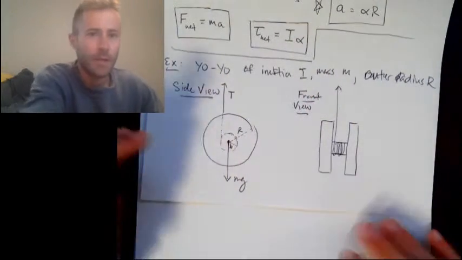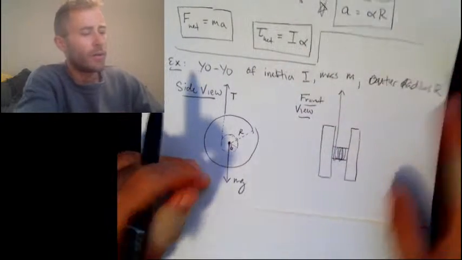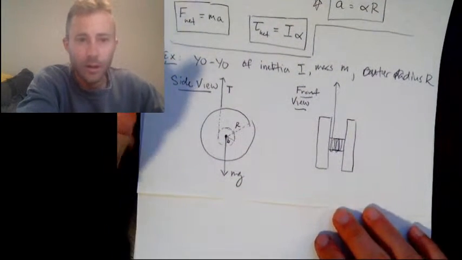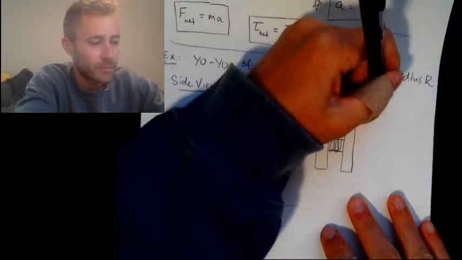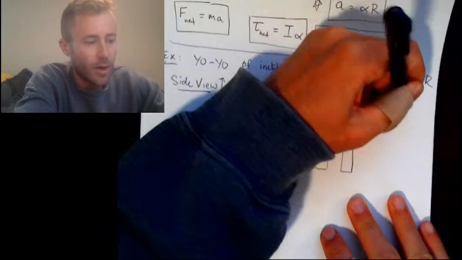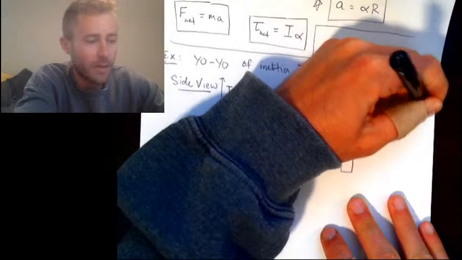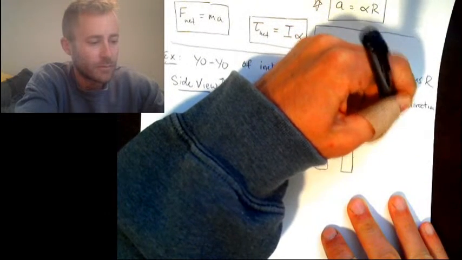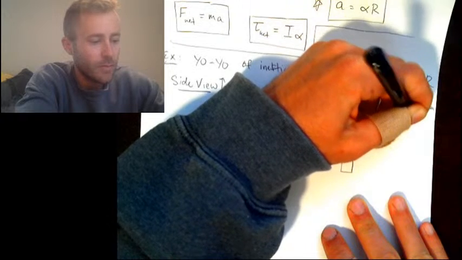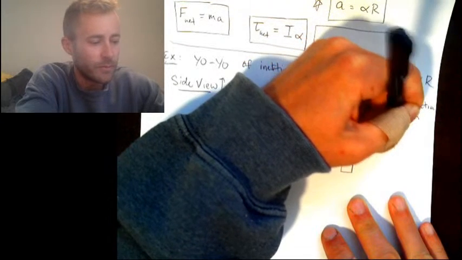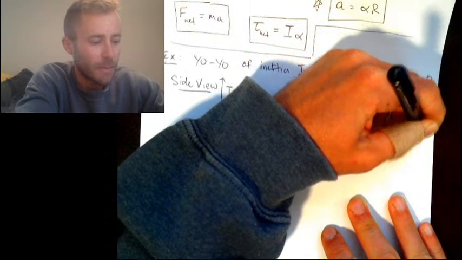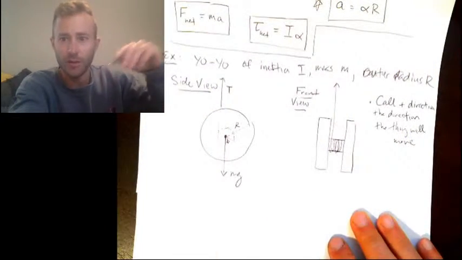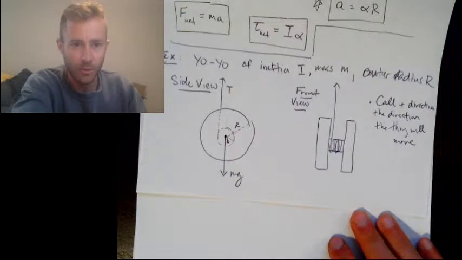So, anyways, there we go. Now, in this problem, I want to talk about the signs, okay? So we are going to call the positive direction the direction the thing will move. Okay? So if we have this yo-yo, it's obviously going to unwind downward, okay?